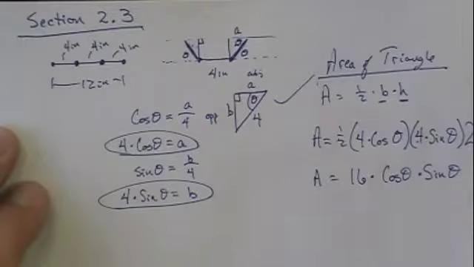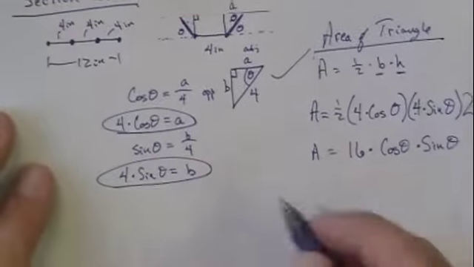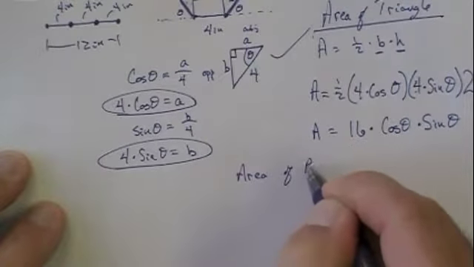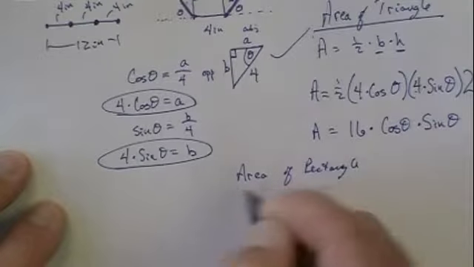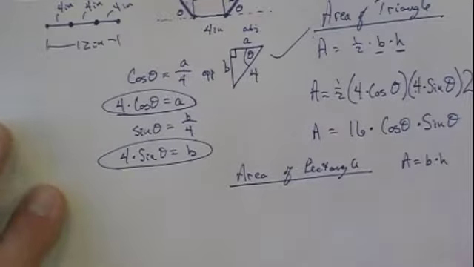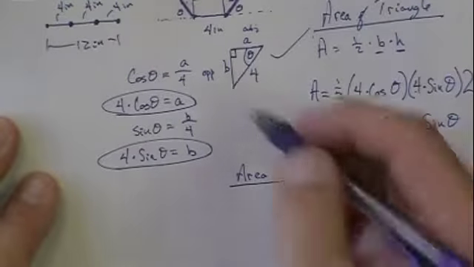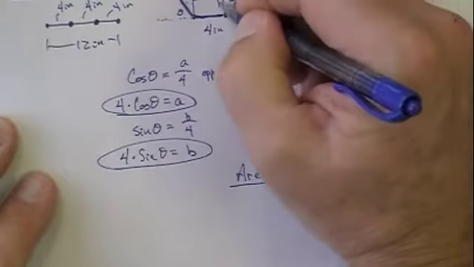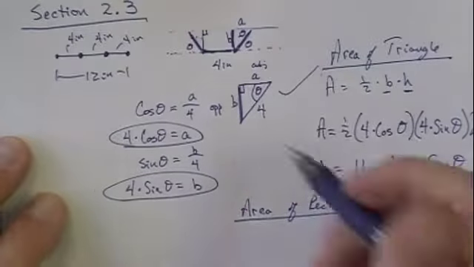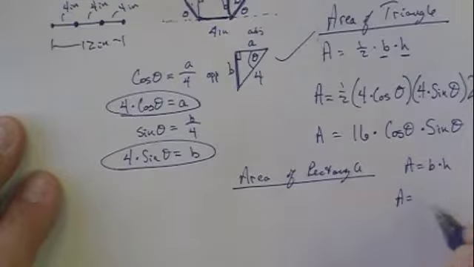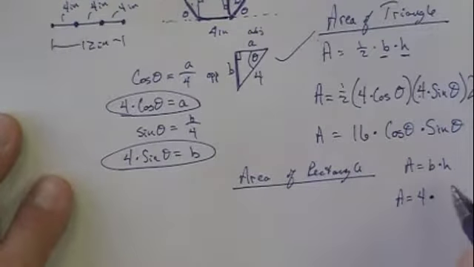That's just the triangles. We also have our rectangle. So if we look at the area of the rectangle, we know that our rectangle area is equal to base times height, and in this case our base, we're going to have 4 inches here, and then here is side B way up here, so we have 4 times B. So that's going to be 4 times, and then we already said B is equal to 4 times the sine of theta.